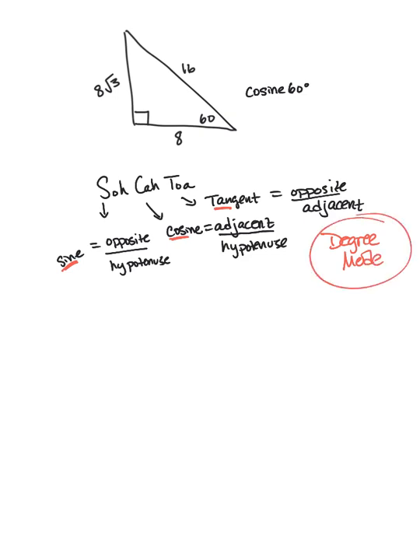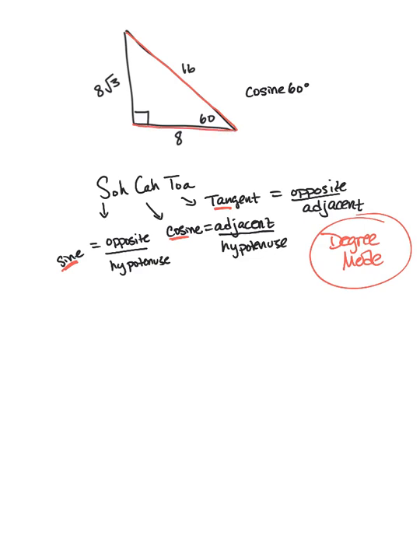All right, anyway. So let's talk about the cosine of 60. Cosine of 60 is going to be the adjacent over the hypotenuse. Well, the hypotenuse is 16 here. The adjacent is the other side that forms that 60-degree angle.